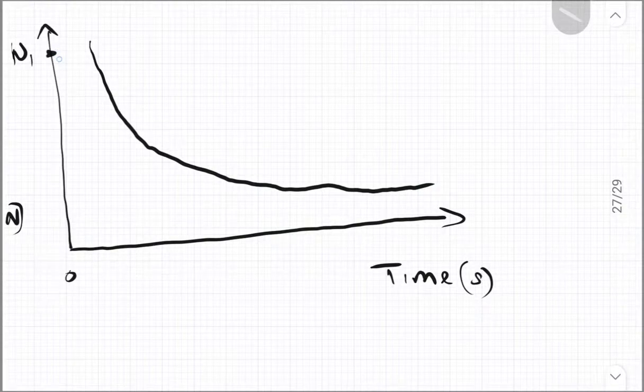Or rather, let's join this to this point here. Sorry, it's not going to be 0. Let's call this one T1. So you started at time equal to T1 when the number of atoms is N1.